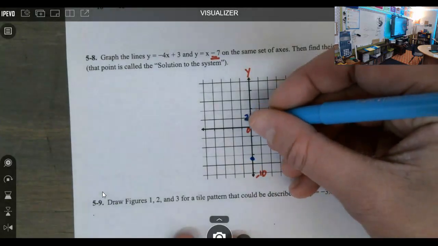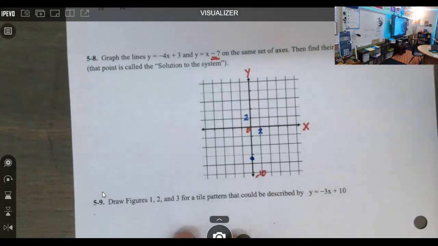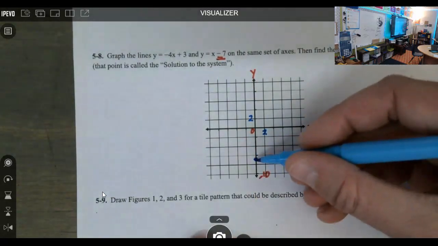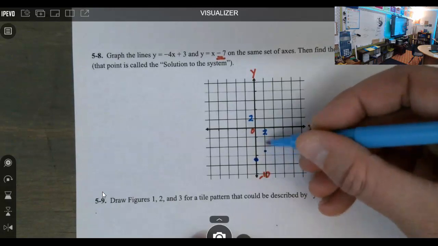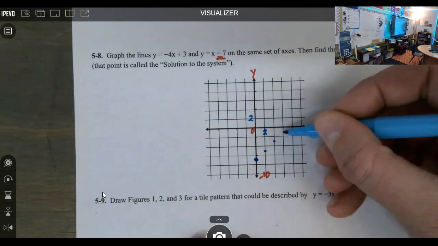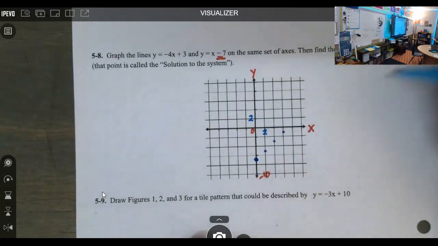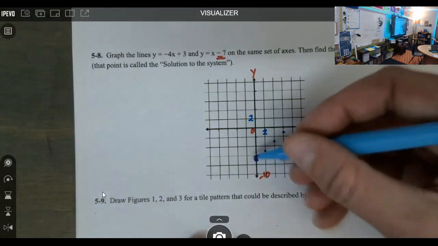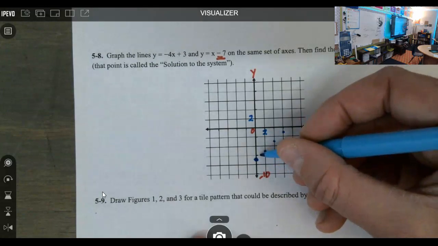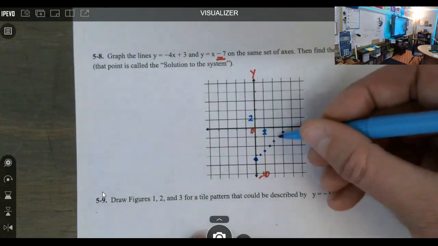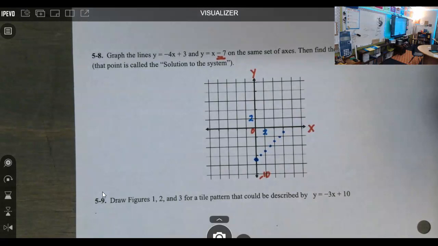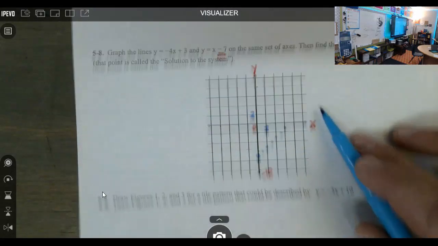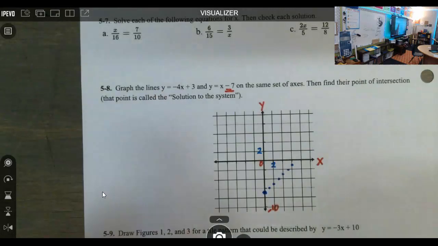So if I make this 2 and make this 2, now my slope of 1 can still just go up 1, over 1, up 1, over 1, up 1, as long as our scale is the same. Because really I went up 2 over 2, up 2 over 2. Up 1 over 1 would have been there, there, there. Either way, your slope of 1 should be a whole lot less intense than your slope of -4x.